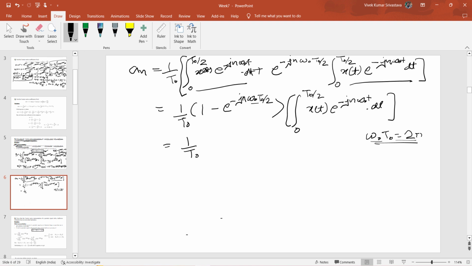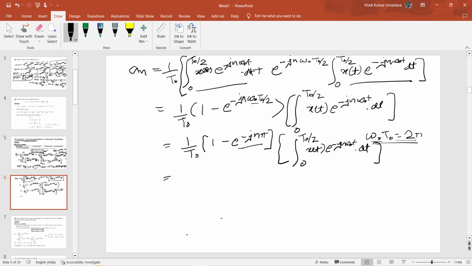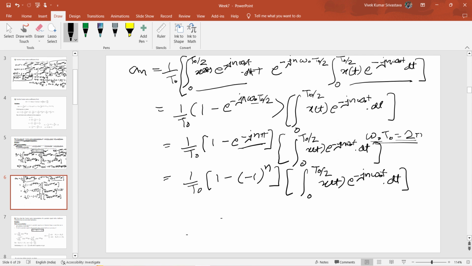So this will be equal to 1 over T naught, 1 minus e raised to the power minus j n pi, into the integral 0 to T naught by 2, x of t e raised to the power minus j n omega naught t dt. Now from the mathematical identity, we can represent this term as minus 1 raised to the power n, and this will be equal to the integral x of t e raised to the power minus j n omega naught t dt.